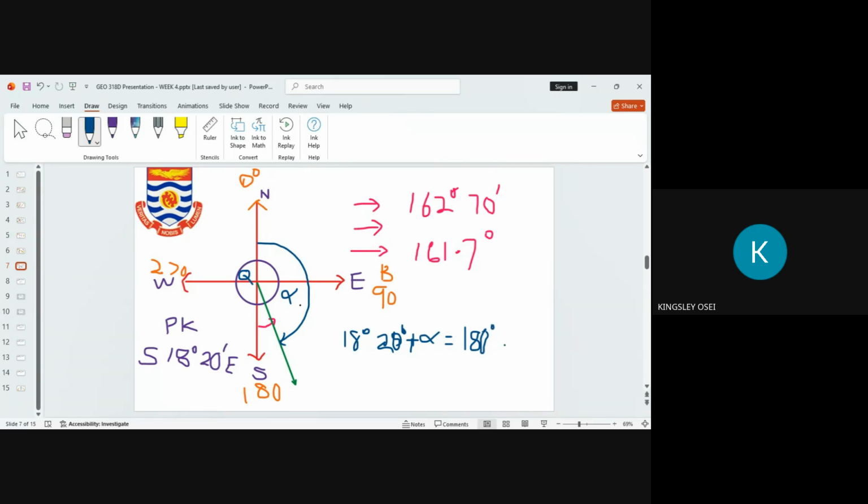So 180 is degree. For the sake of the minutes that has appeared here, let me introduce another minute value. This time, I'll call it 0. So 180 degrees is the same as 180 degrees, 0 minutes. Do we agree?